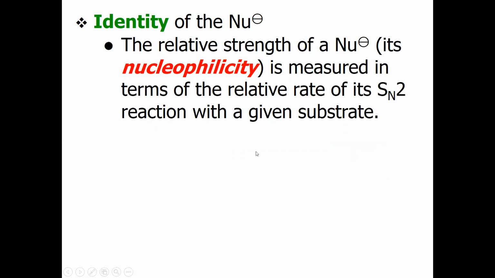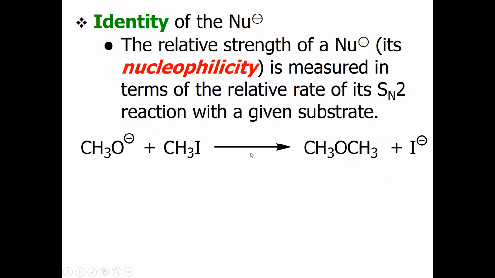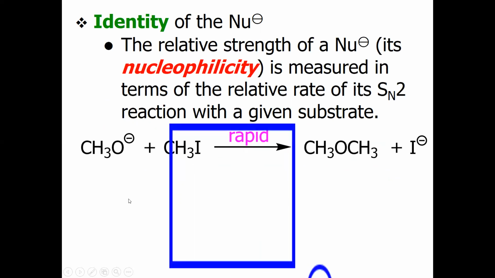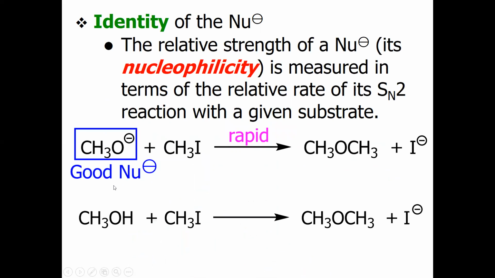Now, the identity of the nucleophile is measured in terms of the relative rate of its SN2 reaction with a given substrate. Keep in mind that a negatively charged nucleophile is much stronger in nucleophilic substitution than a neutral nucleophile. You can see here that this methoxide ion reacts rapidly as a nucleophile to give this product, while methanol reacts very slowly because it is a neutral nucleophile.